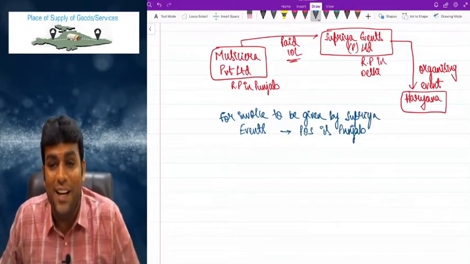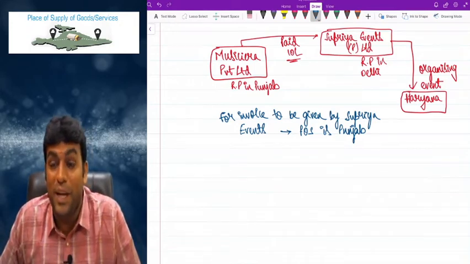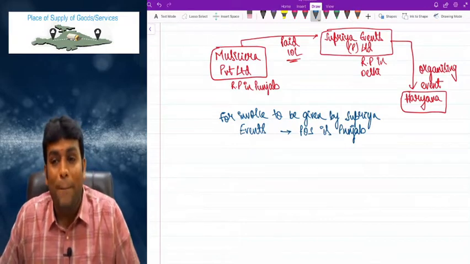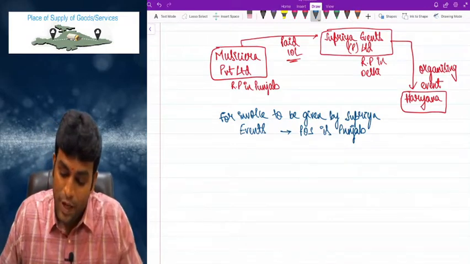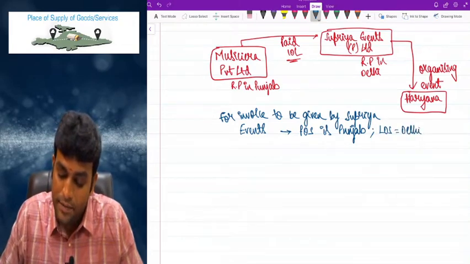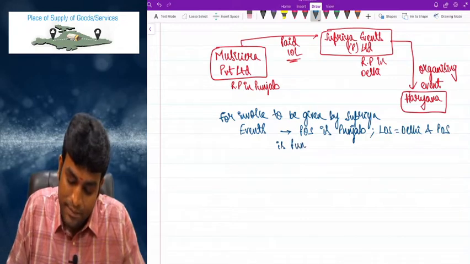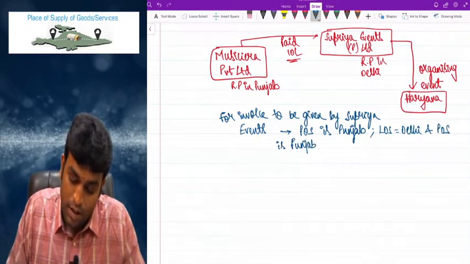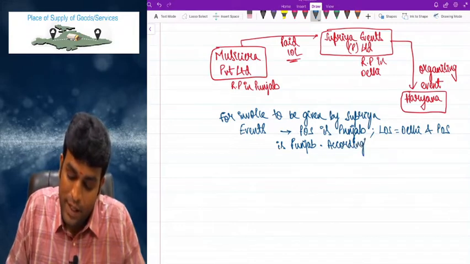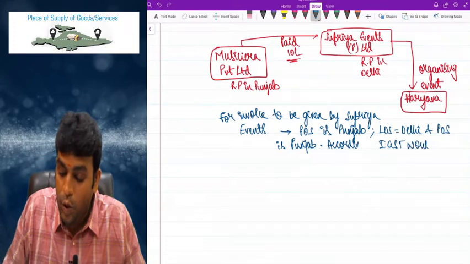Because the receiver is a registered person, and if the receiver is a registered person, place of supply will be the location of such person. So for the invoice to be given by Supriya, place of supply is Punjab. So if you observe carefully, my dear friends, location of supplier is Delhi and place of supply is Punjab. Accordingly, what will happen, my dear friends? Accordingly, IGST would be levied. No doubt about it.